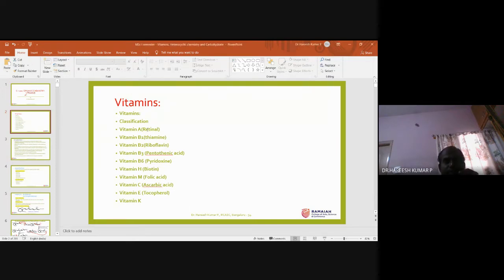We are discussing these vitamins and how they are classified. We discuss the vitamin called vitamin A. This vitamin A is further divided into vitamin A1 and vitamin A2.